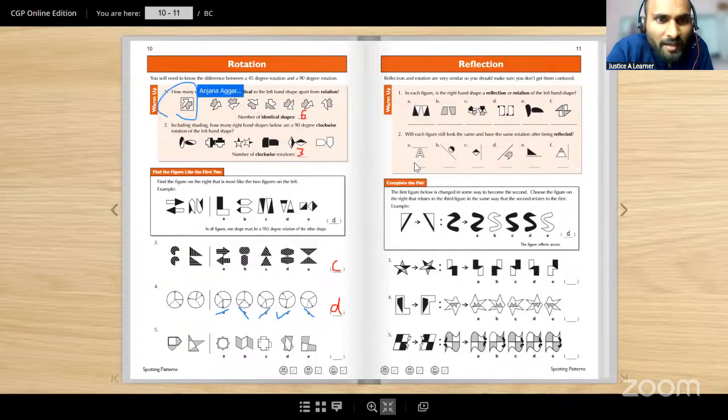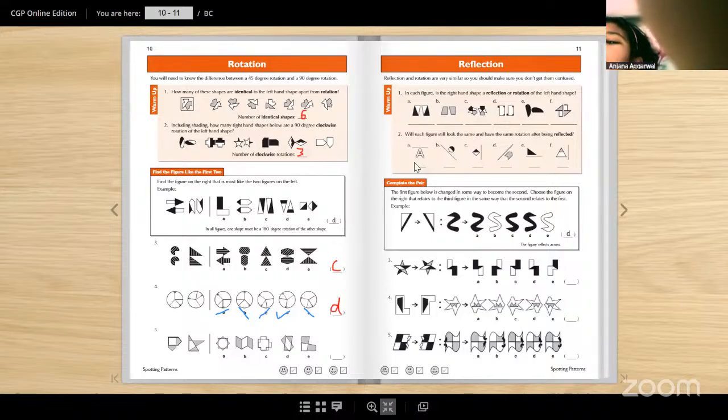So you might need to find how many of them are identical shape apart from the rotation. The first box shows the original shape this way, and in this, how many of them are identical, apart from the rotation? Rotation doesn't affect.